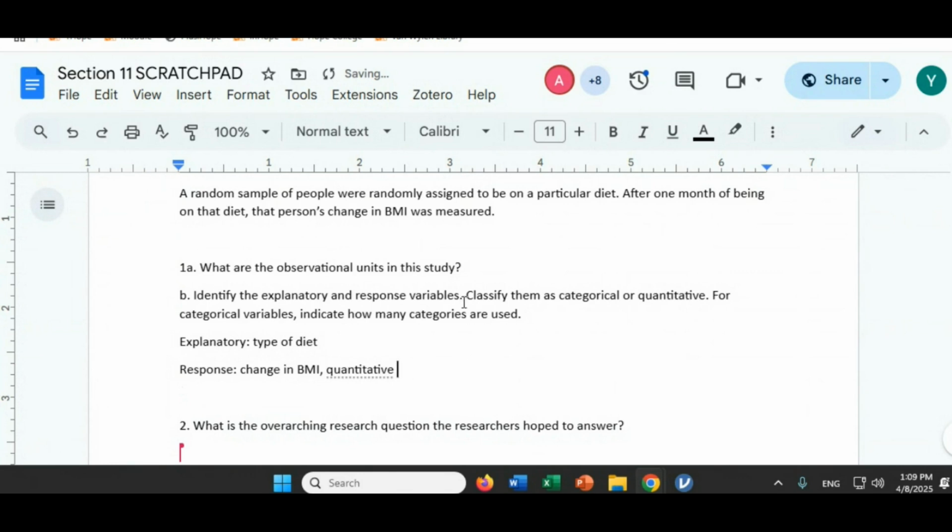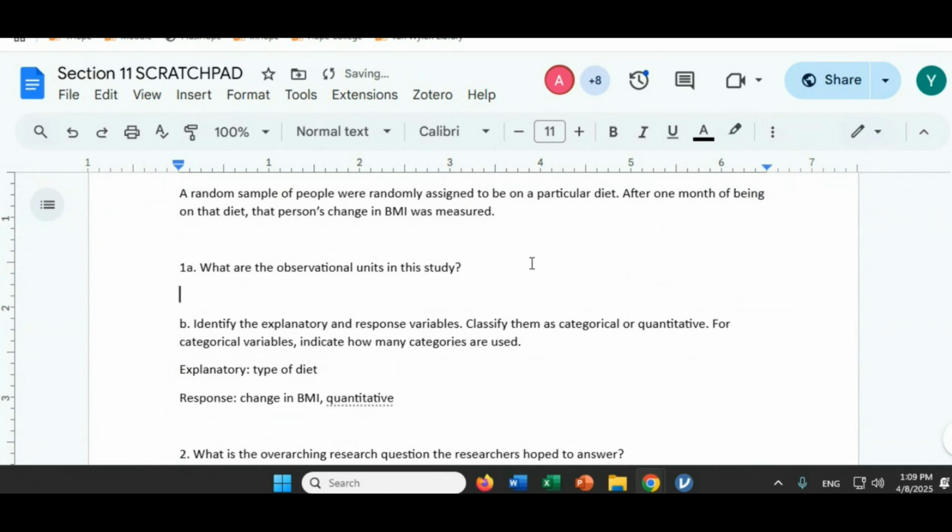Okay. I know we have not talked about observational units for a while, but I do want to check. Does anyone know what the answer is to this one? Observational units are not variables. I'll give you that much. Did anyone get what this is? It's just a one-word answer, actually. What were the observational units here? Yes, good. So why am I doing this? I'm doing this because I want you to differentiate.